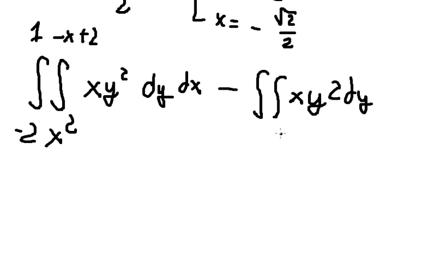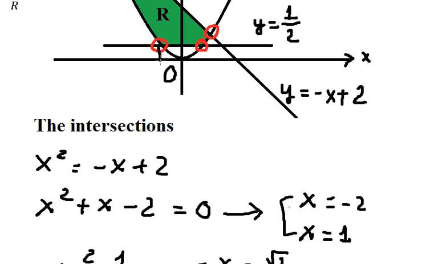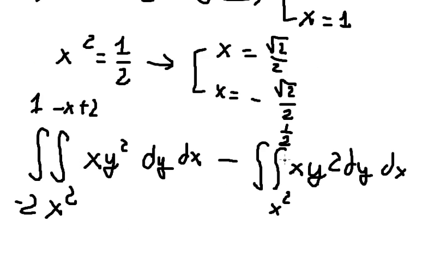So we put s squared in here and 1 over 2 here. The s should be between this line and this line, from negative the square root of 2 over 2 to the square root of 2 over 2.